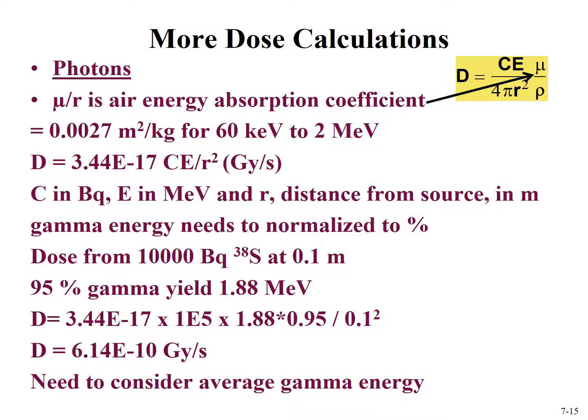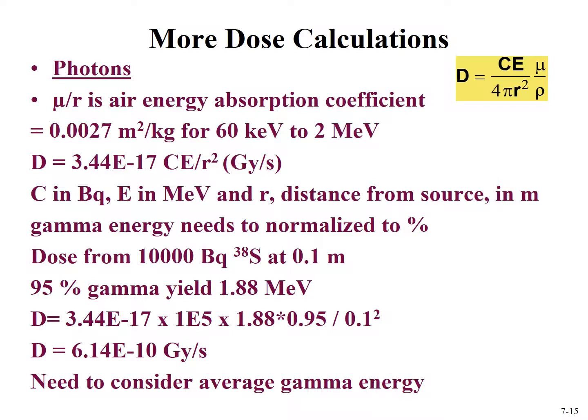We can take our dose term here and rearrange it into grays per second, as we did for beta and alpha particles, and we get the value shown here: 3.44 times 10 to the minus 17 times C, which is our activity in becquerel, times E in MeV, divided by R squared, where R is a distance in meters.